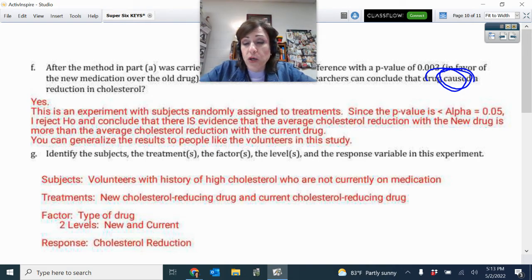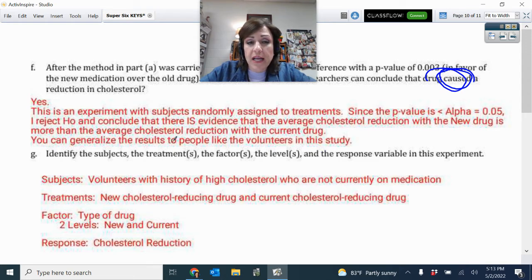So, therefore, and then since the p-value was less than alpha, we would have rejected that null hypothesis and said, yes, we have evidence that the average cholesterol reduction with the new drug is less than the average cholesterol reduction with the current drug.